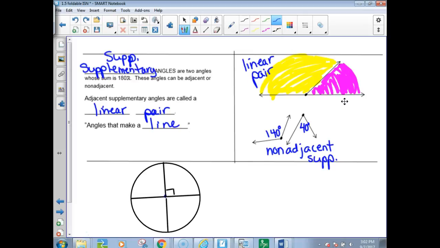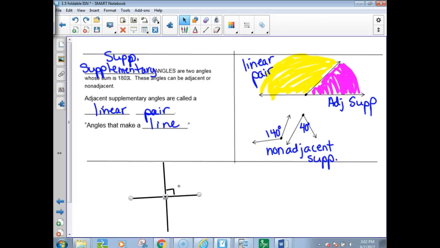They are adjacent and supplementary. Let's abbreviate adjacent even to ADJ.